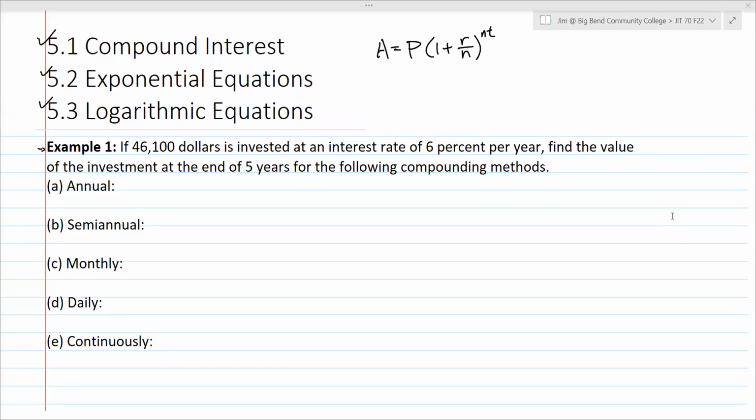If you watch Tyler's video, you can see that he explains every single symbol and shows you how they work. Most importantly, we have to know that n stands for the number of compounds per year.